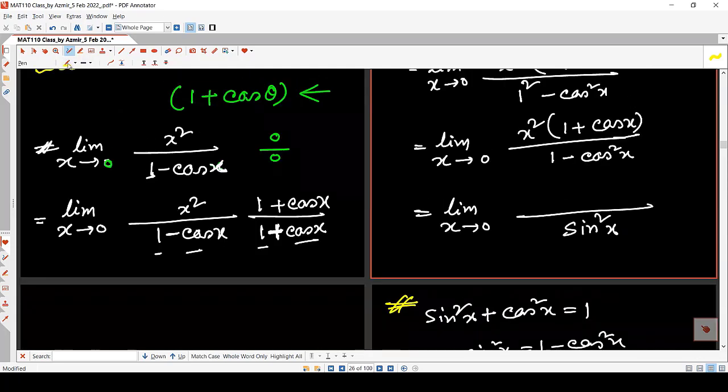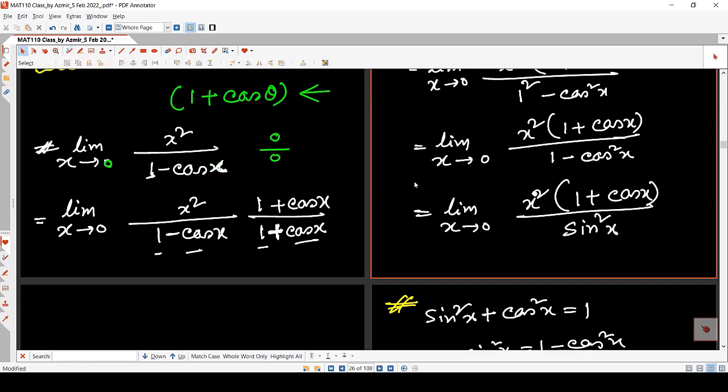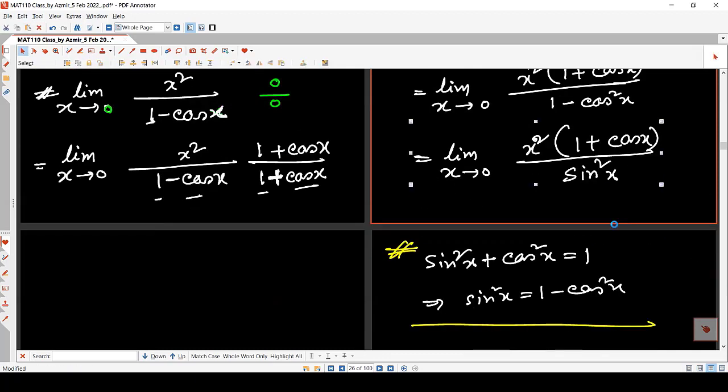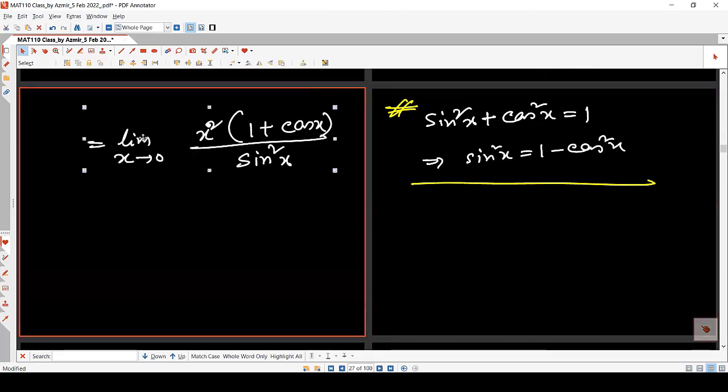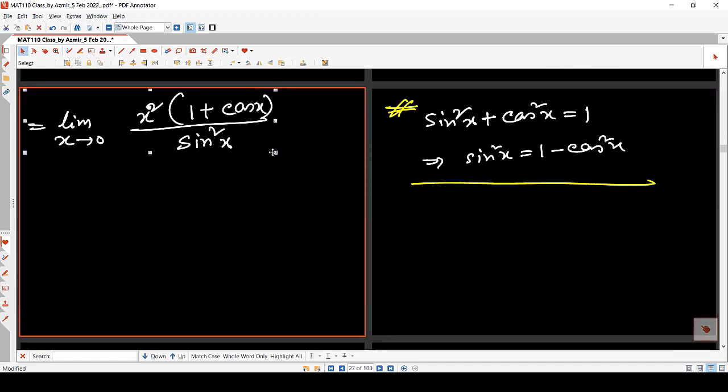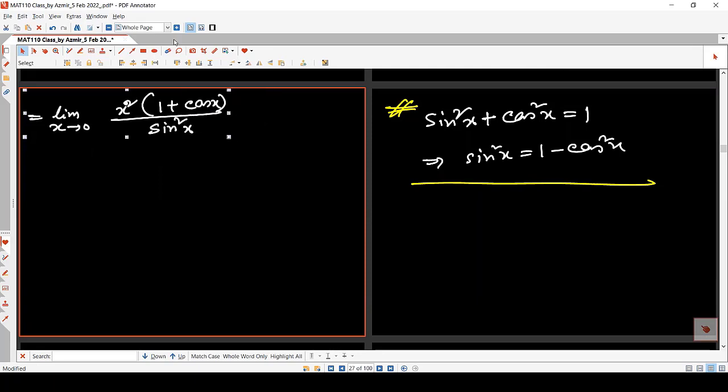Now we can see we have x squared in the numerator, and also 1 plus cosine x in that part. Let me write this here again. So this is the simplified form that we have here: x squared times 1 plus cosine x divided by sine squared x.